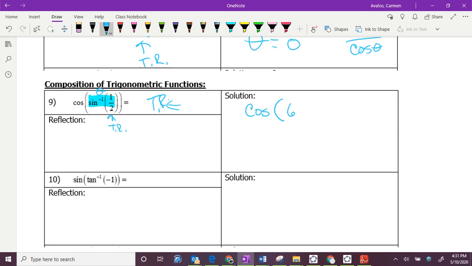So it's going to be, and I think I said the wrong angle there. It's not 60 degrees, it's 30 degrees. And so we're going to have the cosine of 30 degrees because the sine inverse of 1/2 equals 30 degrees. So now I do the cosine of 30 degrees, and that gives me the square root of 3 over 2. And that is my answer.